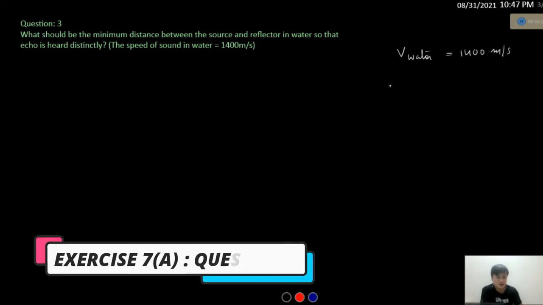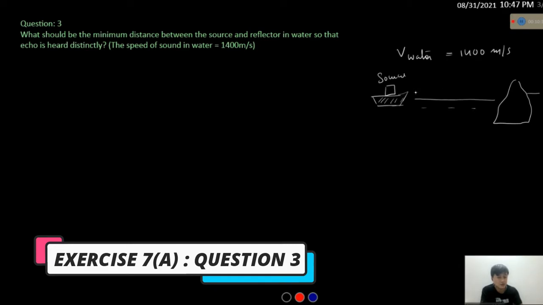So in water, this is your source, say a boat, and it will create the sound here, and say there is an iceberg here. So it will produce the sound, and the sound will travel d distance, and it has to return back also d distance. The minimum time for an echo to be heard distinctly is 0.1 second.